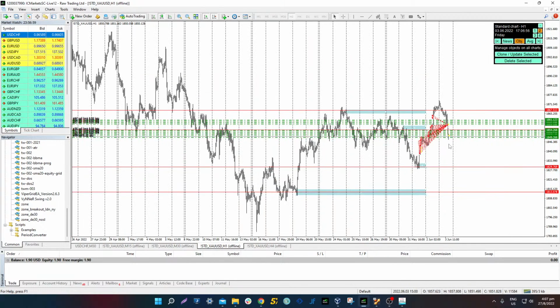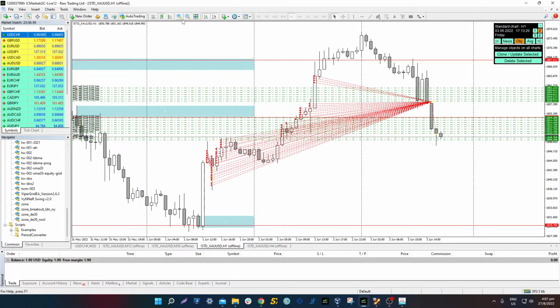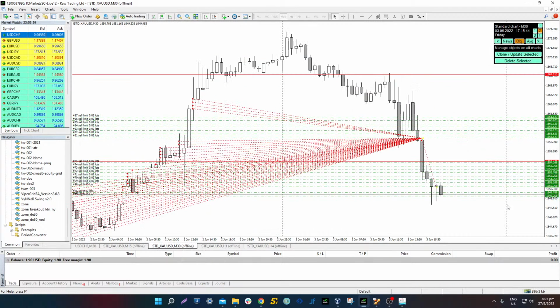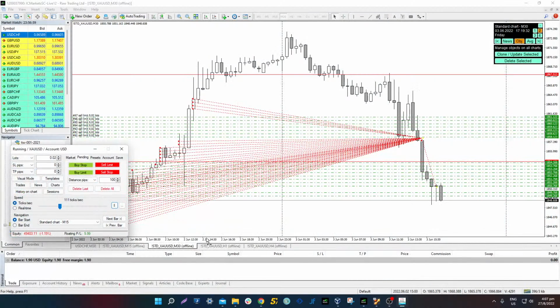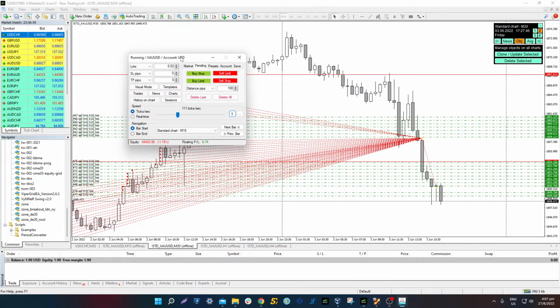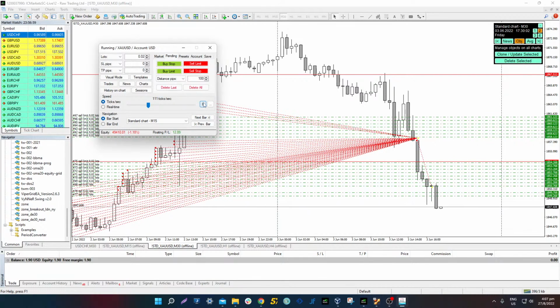But looking at it, we would probably be at break-even if we had not closed. So we're going to target here, we close when the price reaches there, and we can be done for the week.